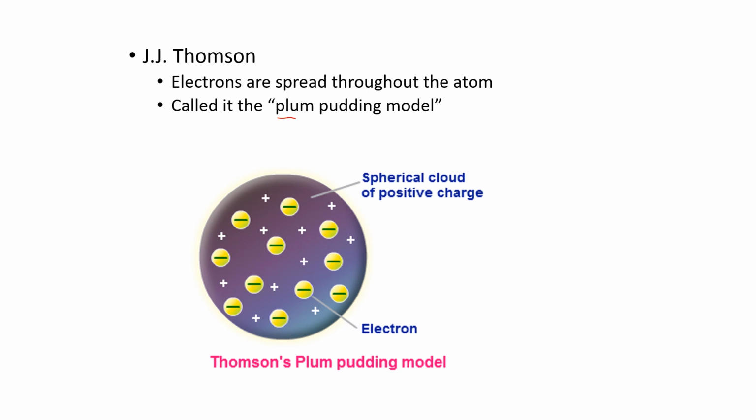He called it the plum pudding model, because at the time of J.J. Thomson, plum pudding was the dessert of choice. And what plum pudding is, it's like pudding with raisins thrown into it. So if you can imagine, this is like a bowl of pudding, and each one of these electrons is like a raisin somewhere found in the pudding, just kind of evenly distributed.